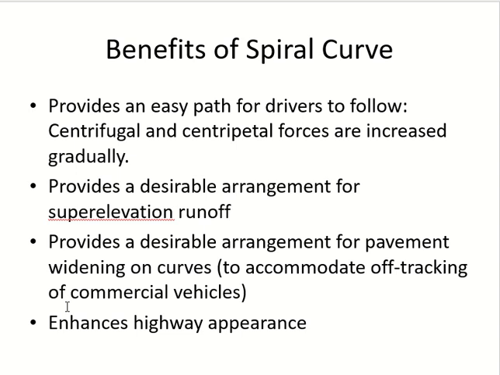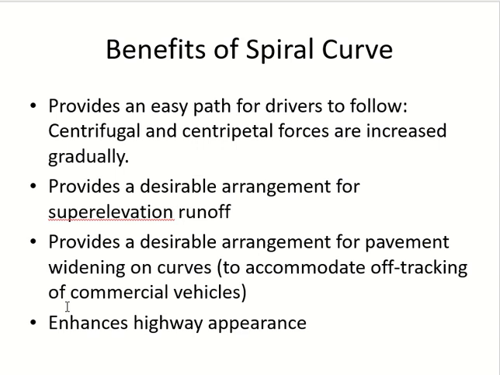Okay, so the first benefit I already mentioned, that it becomes safer for the driver to change the direction. The second benefit is the super elevation. Okay, we said we need to achieve super elevation, most part of it before the curve, and some part of it on the circular curve, right?